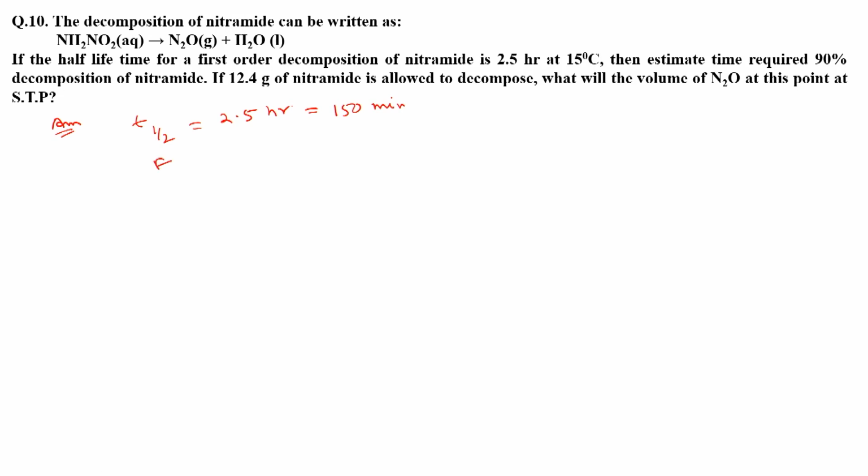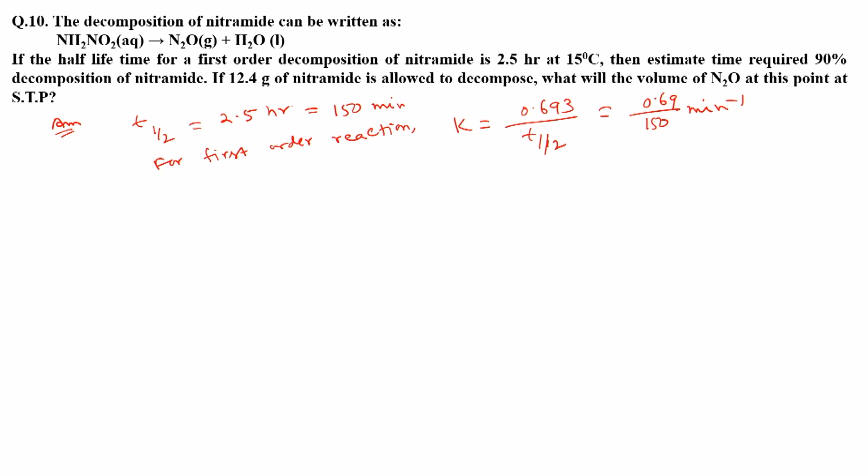Now, for a first order reaction, K is 0.693 by T half, that we know. So 0.693 by 150, this is in minute inverse. This is the value of K.